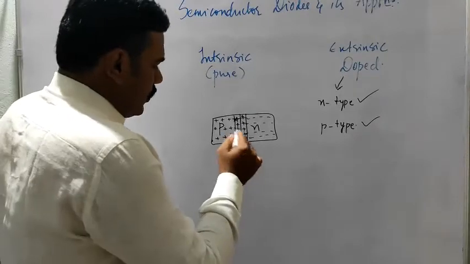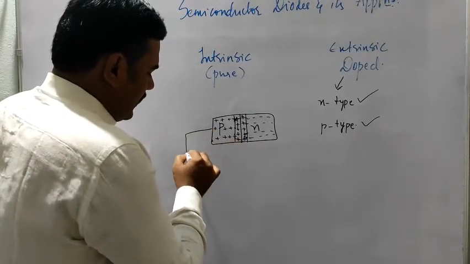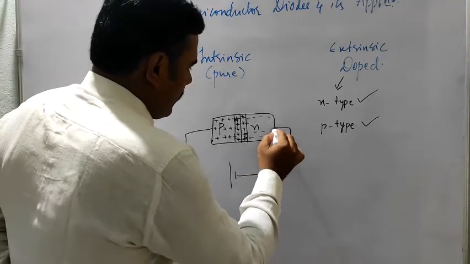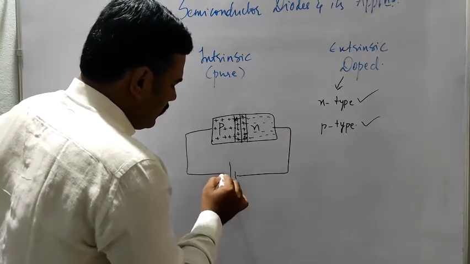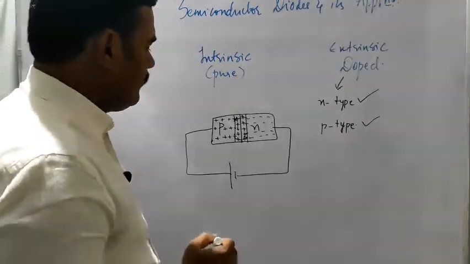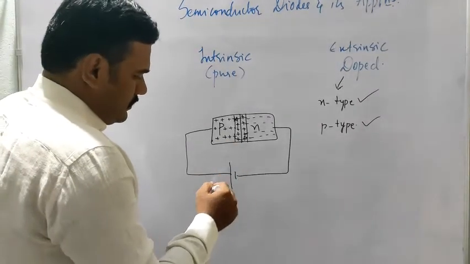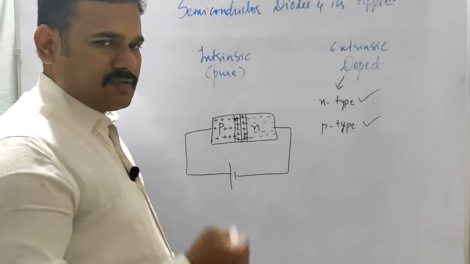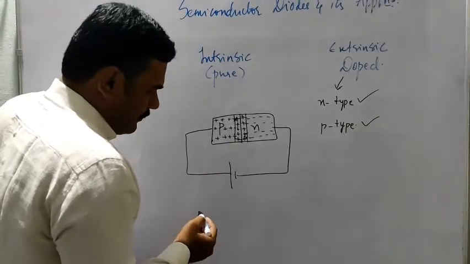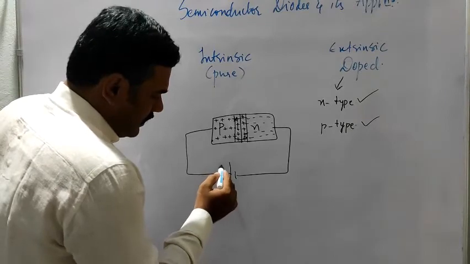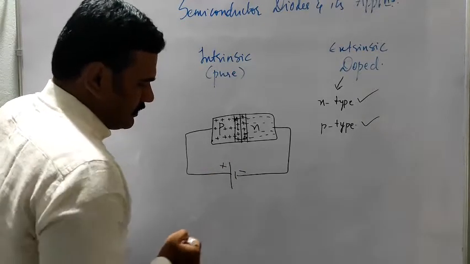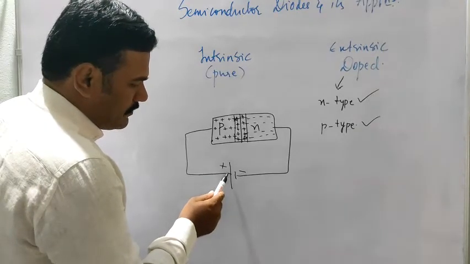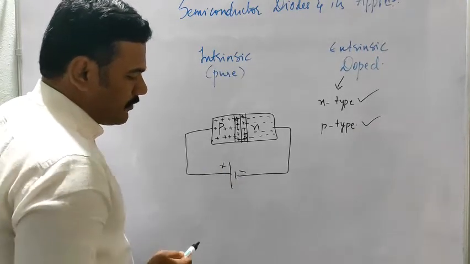Once we connect the external supply, depending on how we connect it, we say that the diode is forward biased or it may be reverse biased. For example, the connection now what we have made, a battery which is connected like this. This is the positive terminal of the battery and this is the negative terminal of battery.